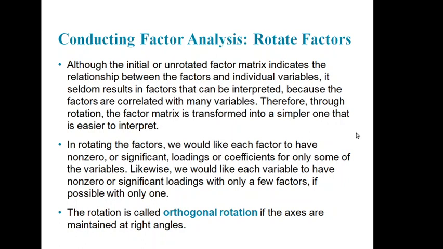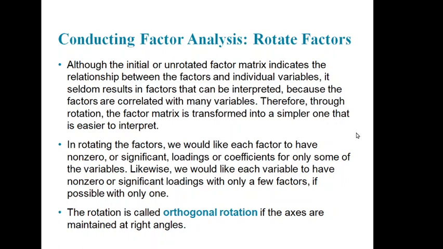The initial unrotated factor matrix indicates the relationship between the factors and individual variables. It seldom results in factors that can be interpreted because the factors are correlated with many variables. Therefore, through the rotation, the factor matrix is transformed into a simpler one that is easier to interpret.